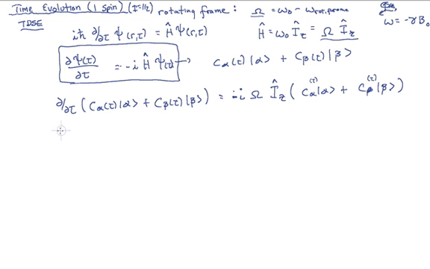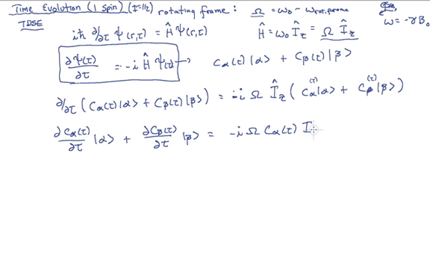Okay. So now just going through this, C alpha, which is time dependent, C beta, which is time dependent, minus i, our frequency. So now Iz, it's time dependent, but the Iz operator is still just constant.